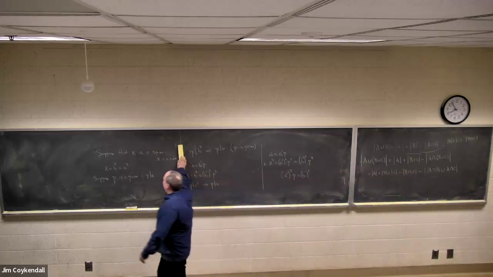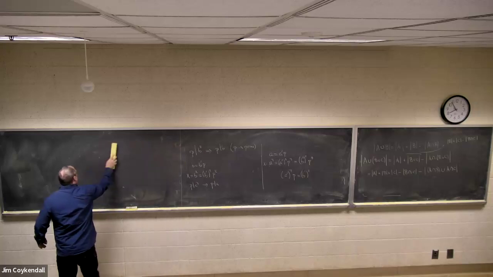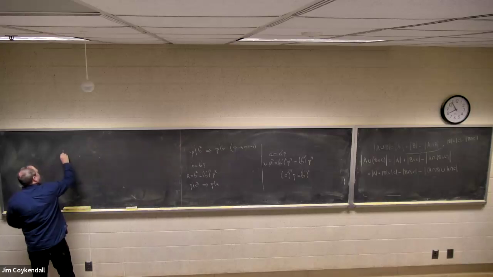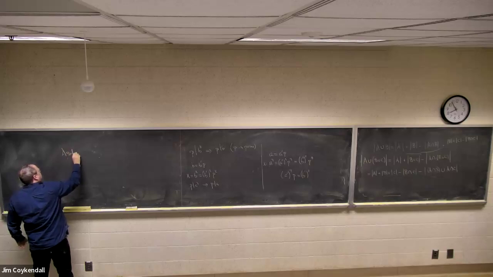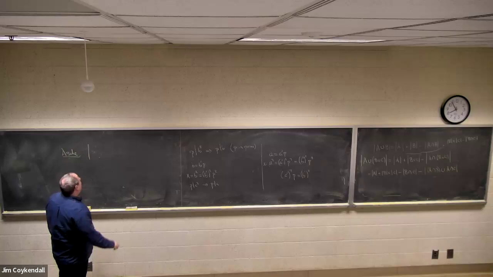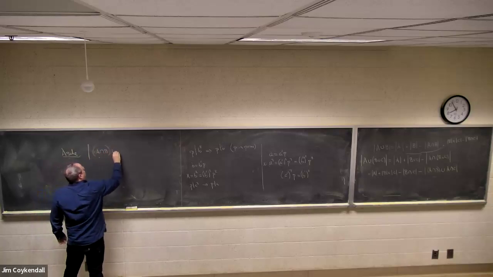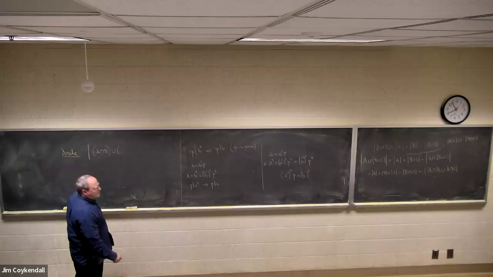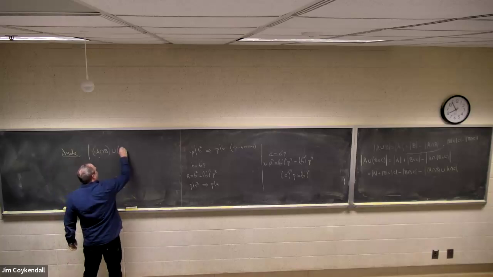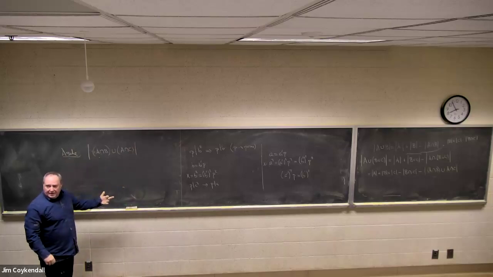So let me take a little aside here and do a little computing over here. A intersect B union A intersect C. Apply the formula again.